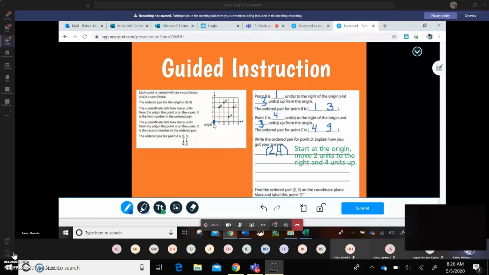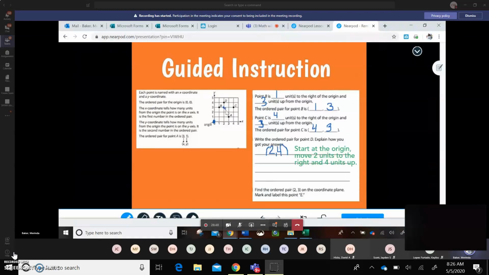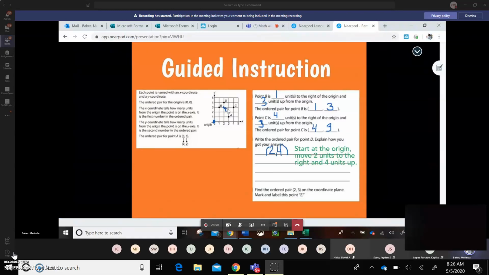So let me go to my origin. Now I'm going to move 2 units on my x-axis. 1, 2. Okay. And then I see that 3 is in the space where it represents the y-axis. So I need to go up 1, 2, 3 units. Therefore, E will be right here.